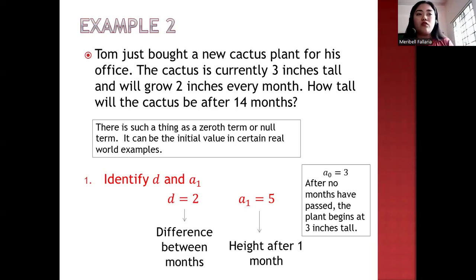Height is what is being asked. Tom planted a cactus 3 inches tall. In the first month, it grew 2 inches, so 3 plus 2 is equal to 5. That is the height of Tom's cactus after 1 month.